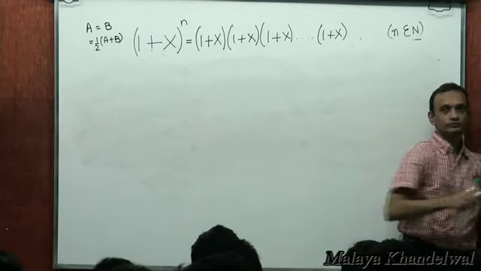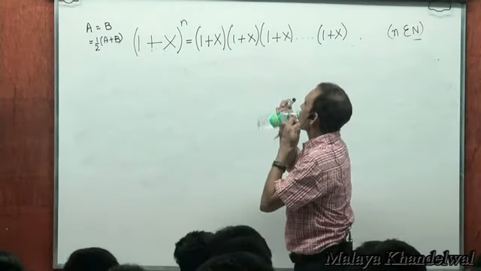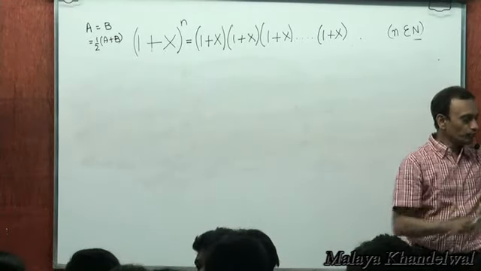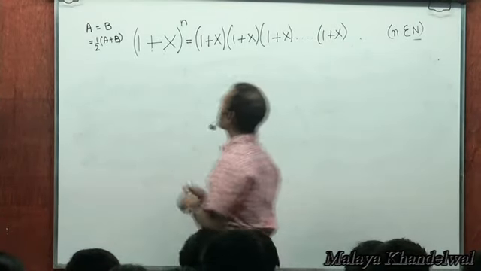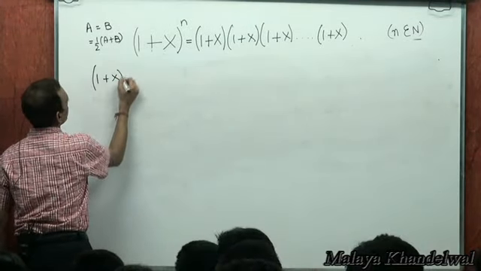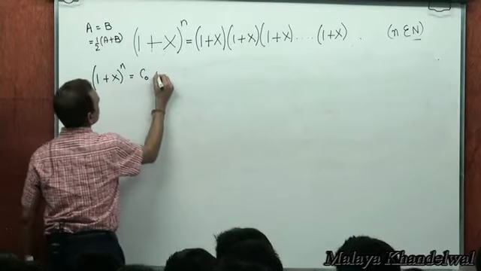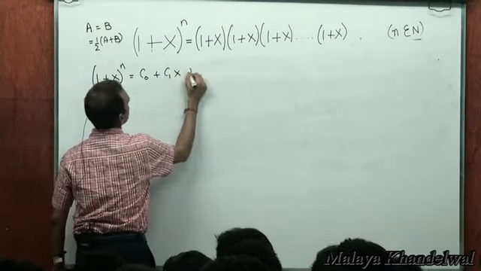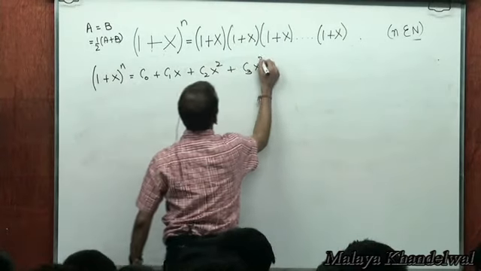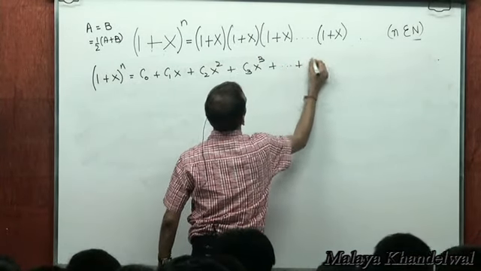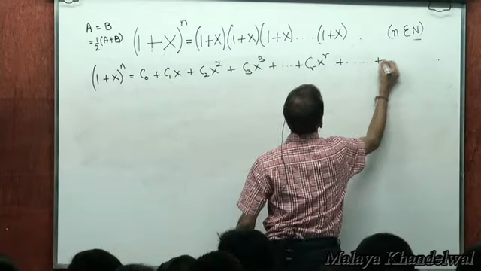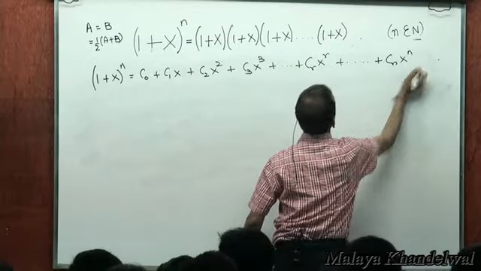Now, (1 + x) power n, which is c0 plus c1x plus c2x squared plus c3x cube plus ... crx power r ... cnx power n.